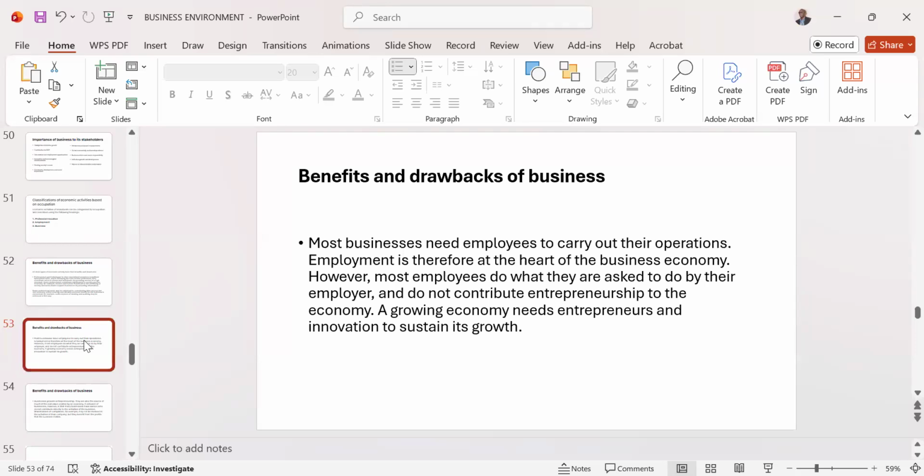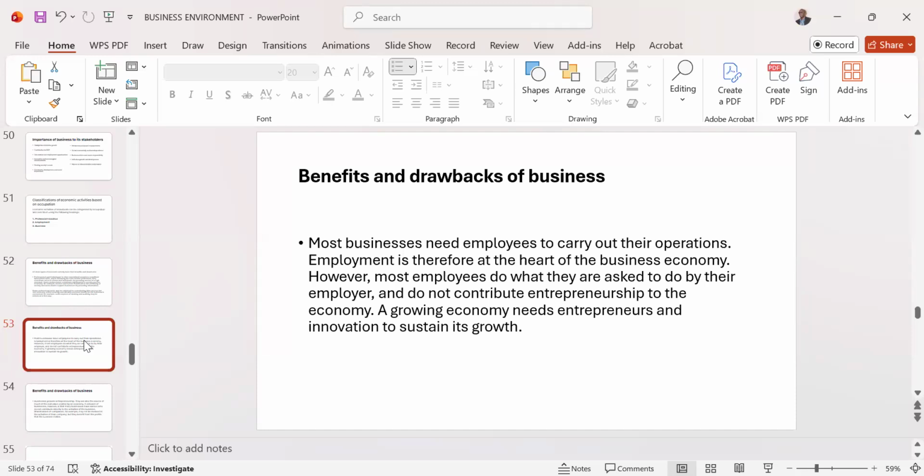So what happened? As the owner of a business, you cannot run your business alone. You can't be at the front desk attending to people and also be inside trying to pay some money out or reaching out to your creditors or getting your debtors and all that.